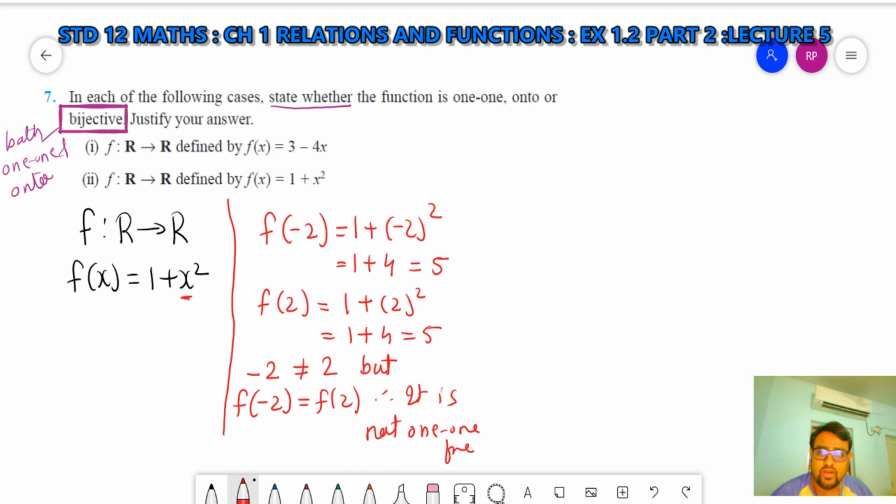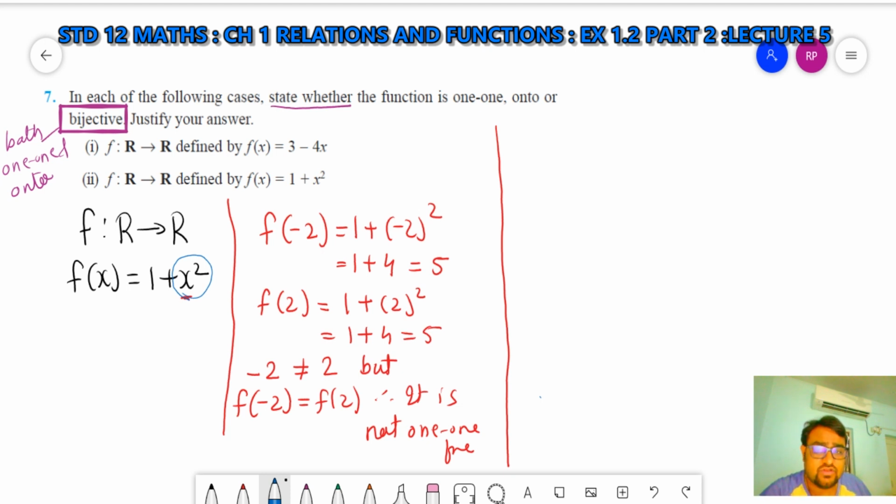So clearly it is not one-one, that means it will never be a bijective function. But we need to check it for the onto function. Now for onto function, what do you do? Here it is a square. If I take x as 0, what is the minimum value of x square? 0, right? It can have 1, 2, 3, 4, 5, any value, but it cannot have a value less than 0 because a square is never negative.